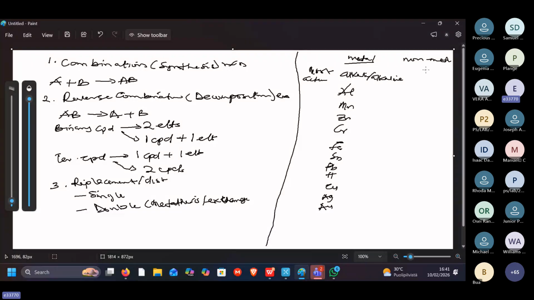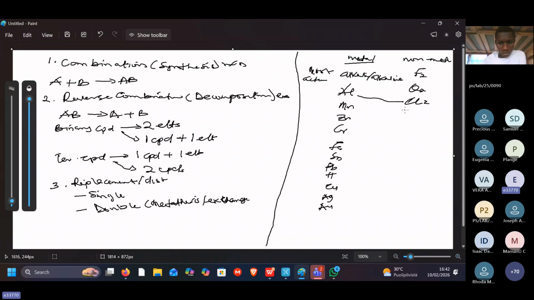Now, for the most active non-metals, we can talk of decreasing down. So we can have fluorine, we can have oxygen, we can have chlorine. Well, chlorine will be on par with that. Then, of course, we can have bromine, we can have iodine, the gases.